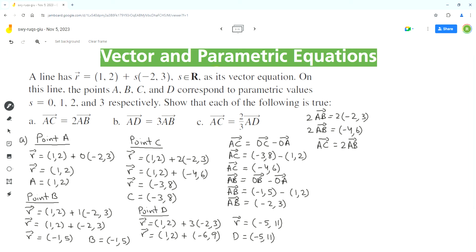Now we can answer part B. Vector AD is equal to 3 times vector AB. Let's start by finding vector AD. We can break it up into its position vectors.